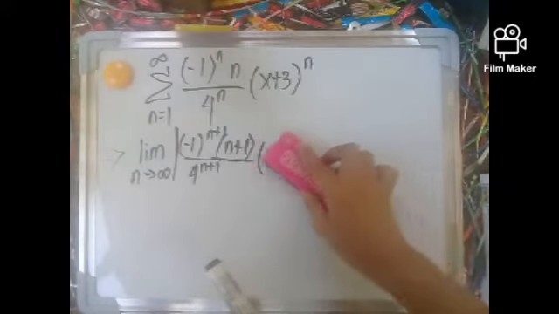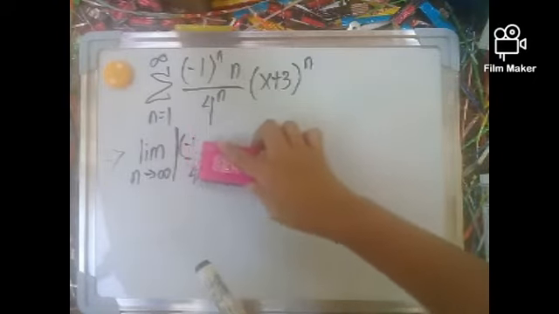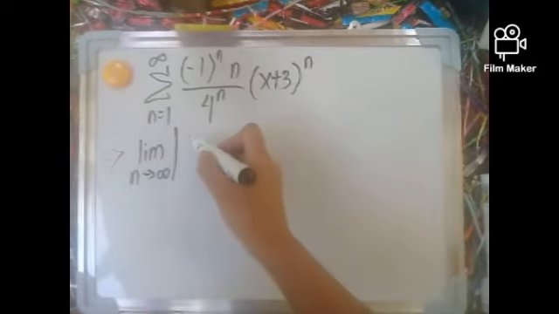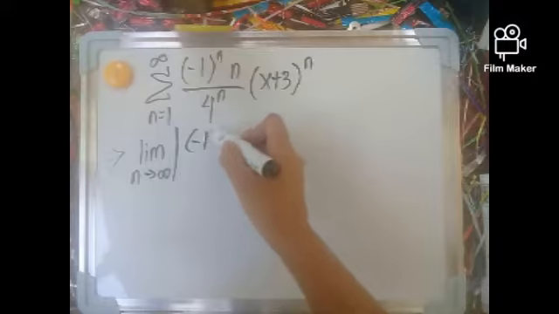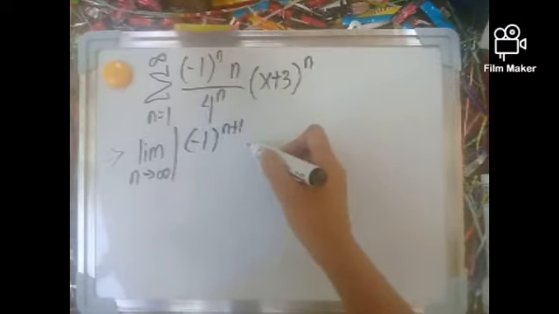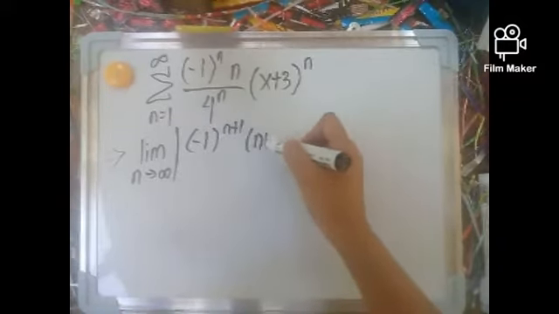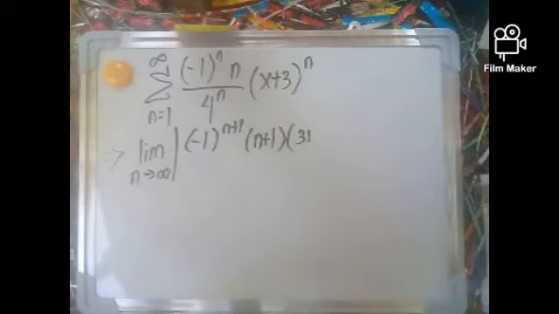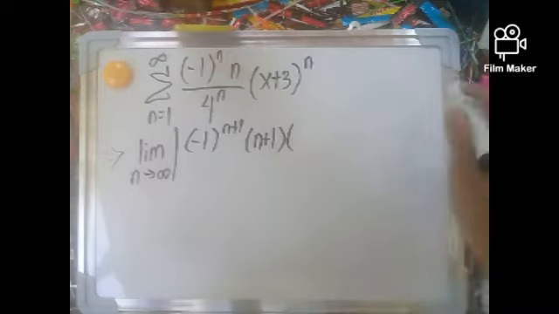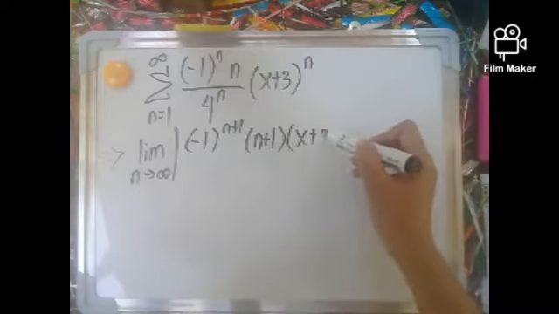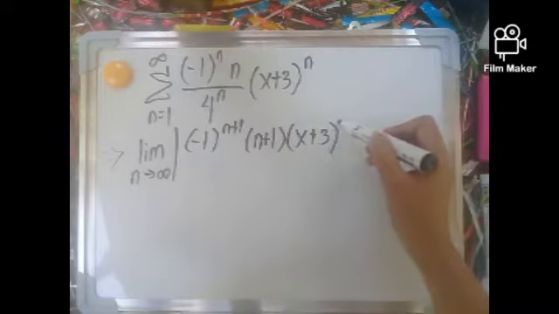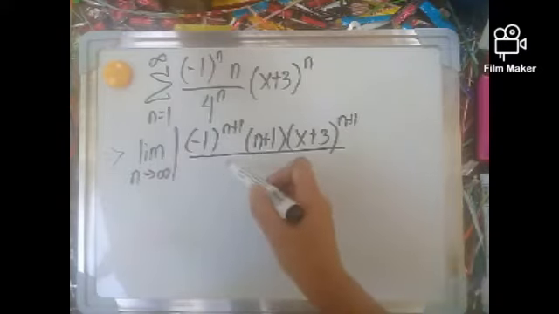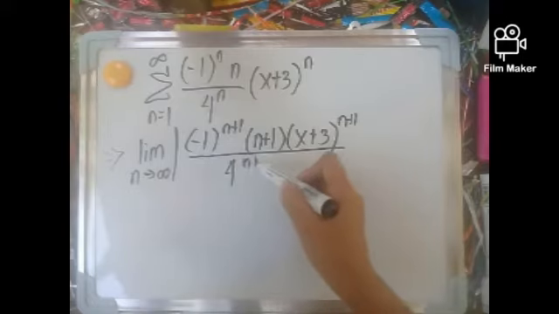Ganun din naman yan. So, let's rewrite it. We have here negative 1 raised to n plus 1 times n plus 1 times (x plus 3) raised to n plus 1 over 4 raised to n plus 1.